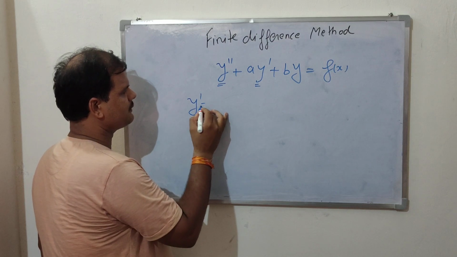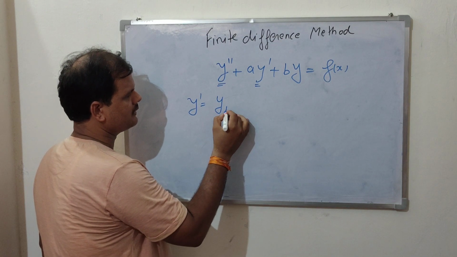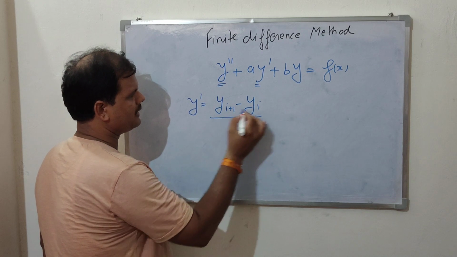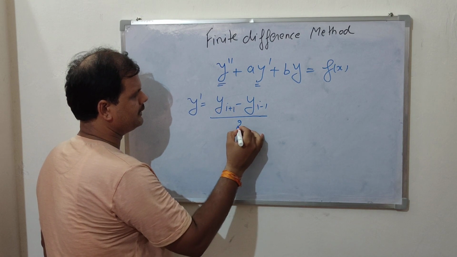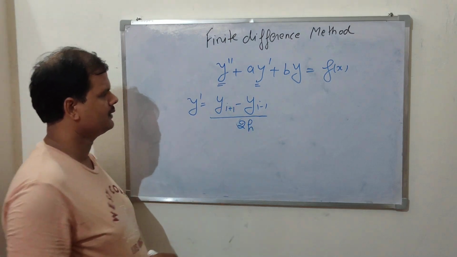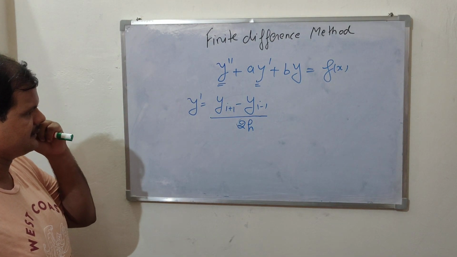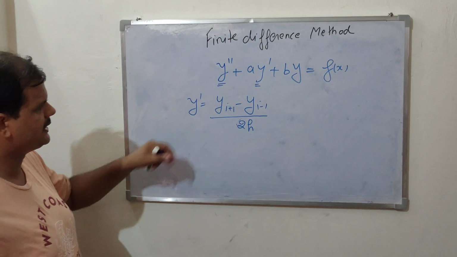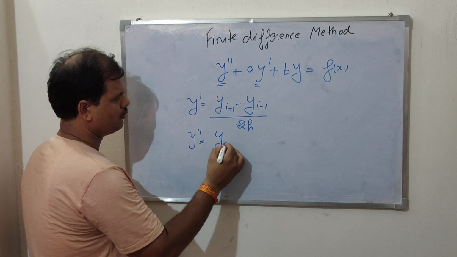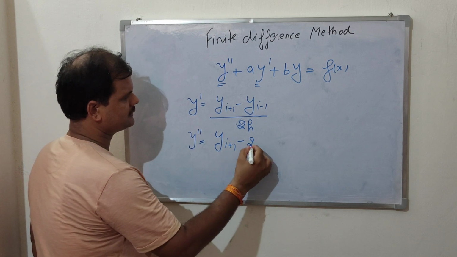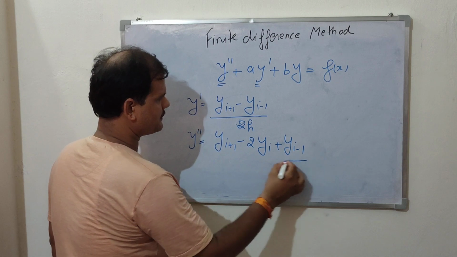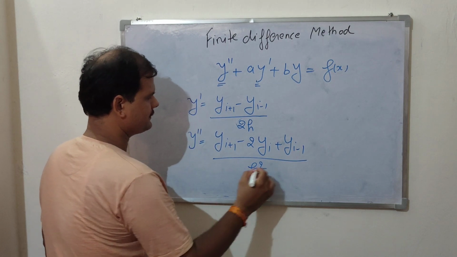So y dash equals (y_{i+1} minus y_{i-1}) by 2h. This is the central difference approximation for y dash, and for y double dash, it is (y_{i+1} minus 2y_i plus y_{i-1}) by h square.